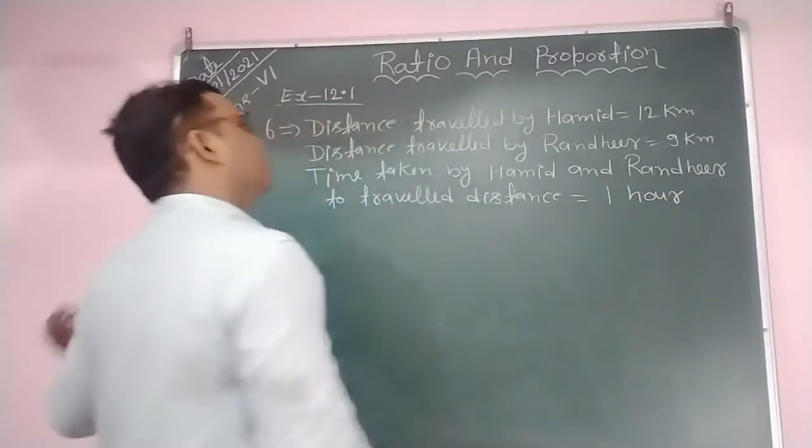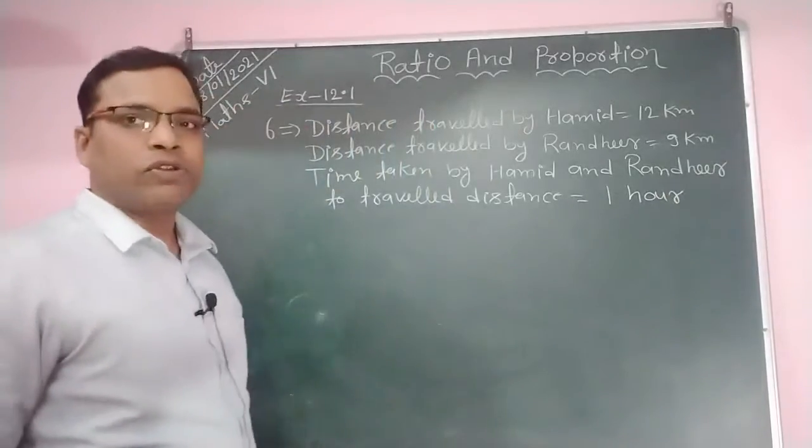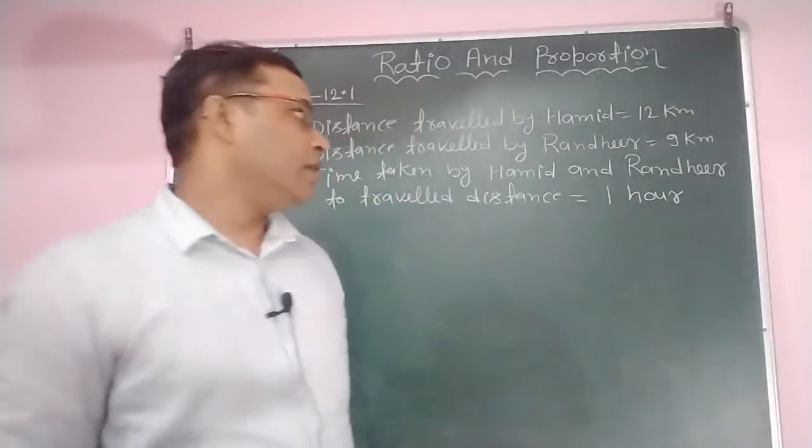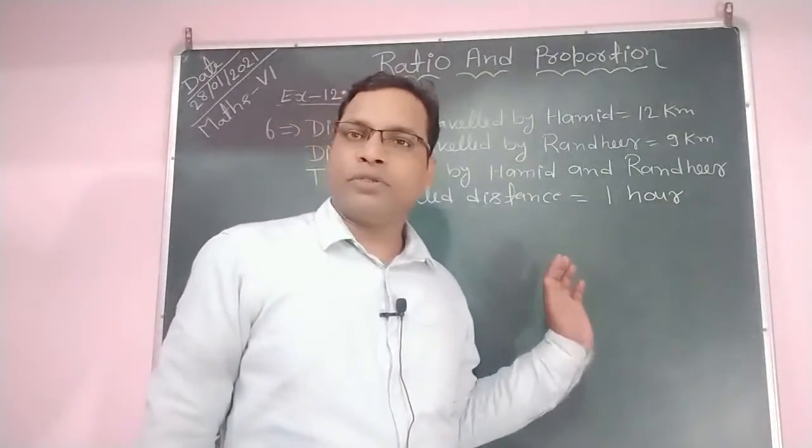The distance traveled by Hamid is 12 kilometers, the distance traveled by Randhir is 9 kilometers, and the time taken by both is 1 hour.